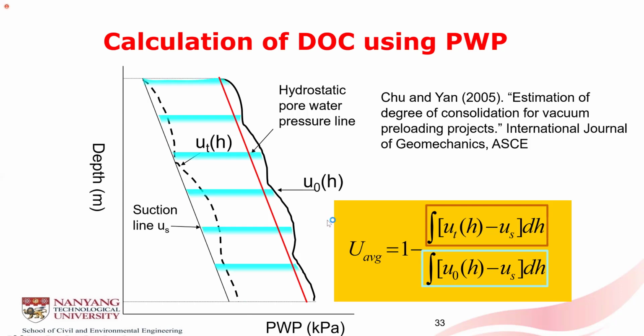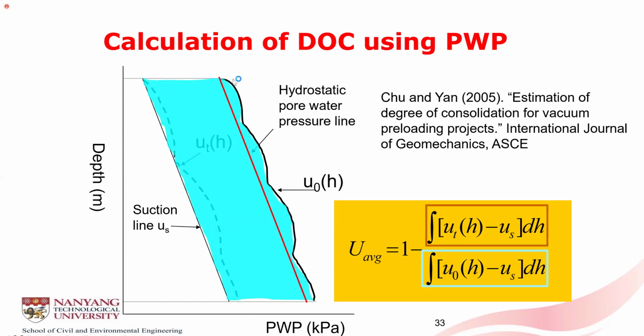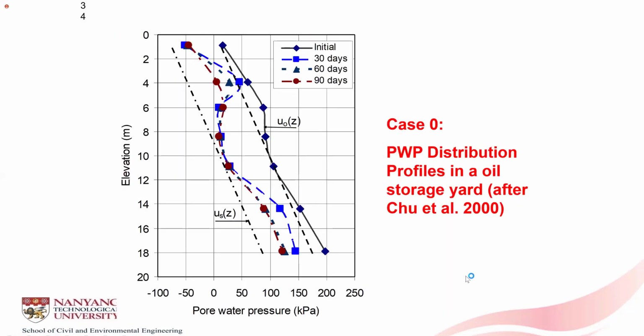Again, you can calculate the area between the initial pore pressure distribution and the suction line as your denominator, and then you calculate the area covered by the current pore water pressure and the suction line as the numerator. From here, you work out your average degree of consolidation.